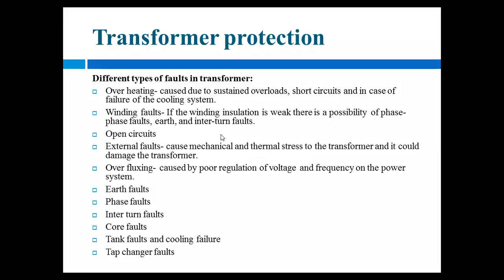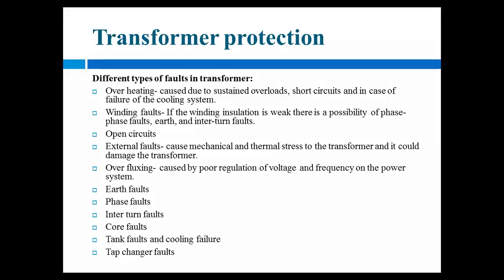So actually in transformers there are different types of faults. Okay. So internal faults and external faults are there. So yesterday we have seen these faults, that is the overheating, winding faults, open circuit faults. External faults are there, overfluxing, earth faults, phase faults, interturn faults, core faults.